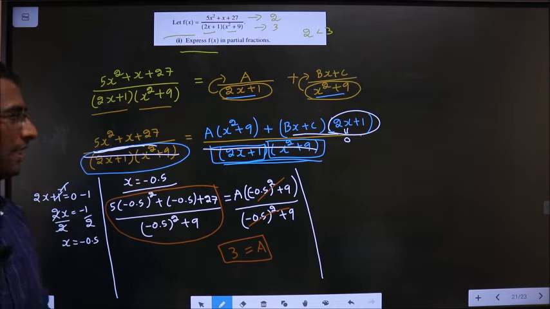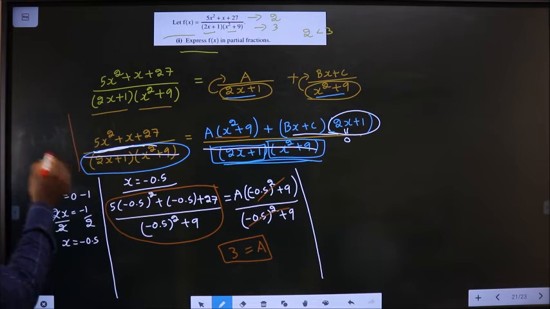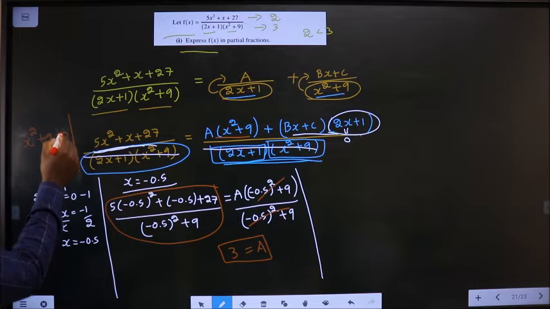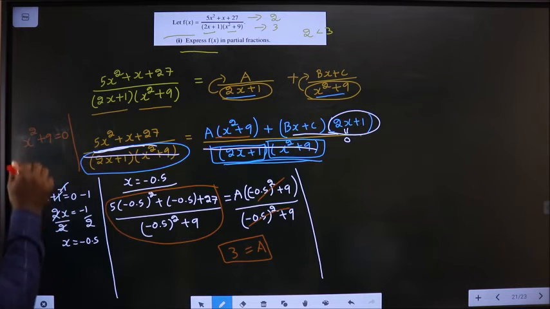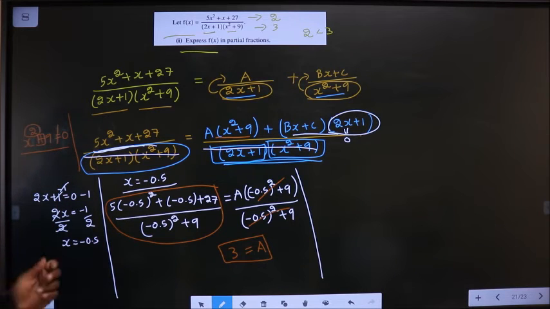Next. Now I try to make another bracket 0, which is this one. X square plus 9 equal to 0. Analyze here, the power on x is square and here you have plus. So the conclusion is, no matter what value you take for x, this is never going to become 0. Clear?